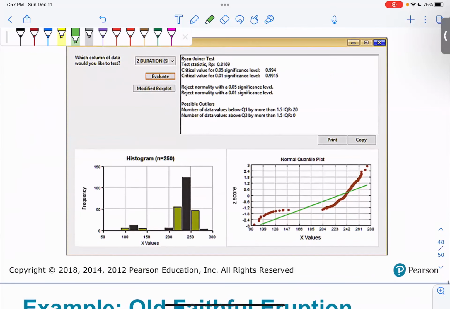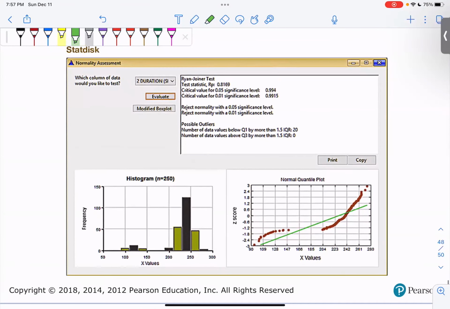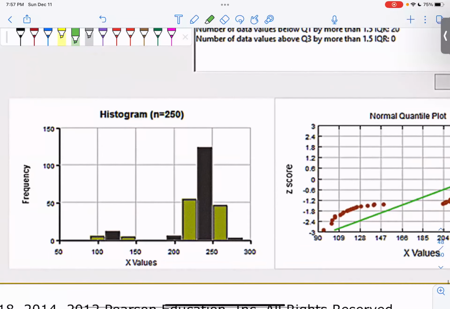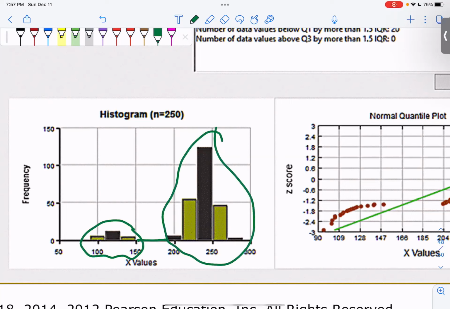So now, if you look at this one here, from the histogram, we clearly see that this distribution is squeezed to the left, right? And maybe we have some gaps here. So maybe this is one kind of distribution, and here we have another distribution.